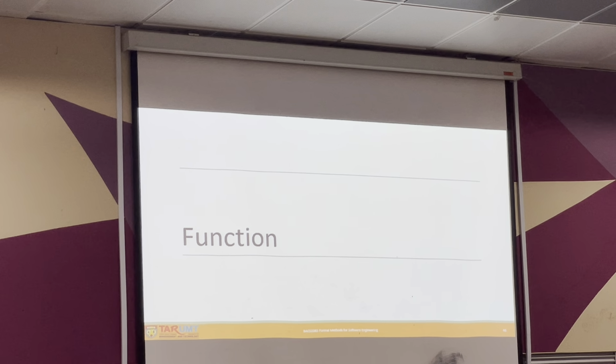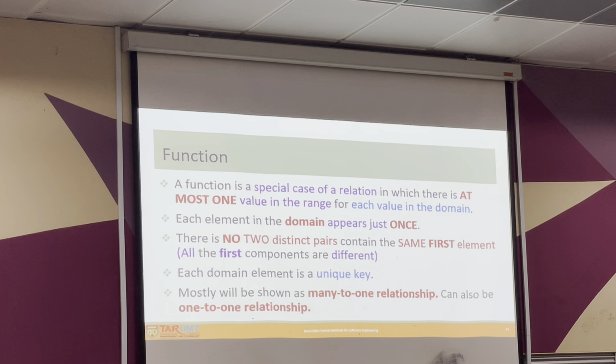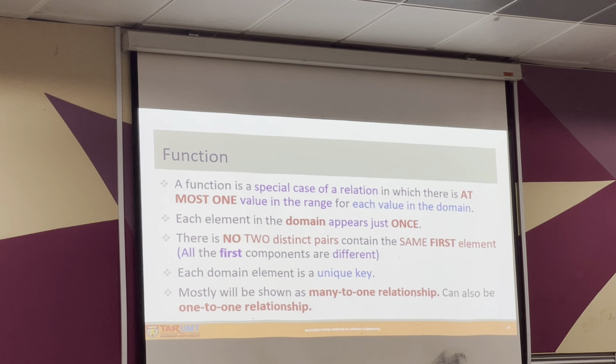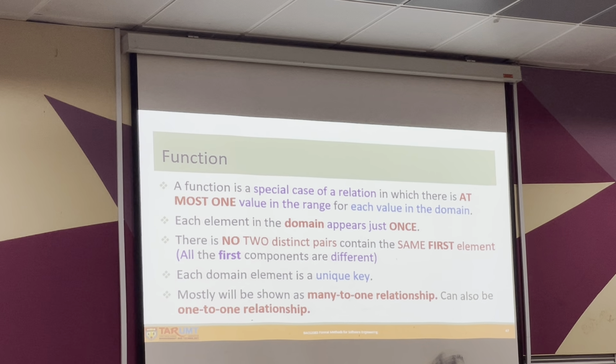Function is actually a special case of relation. It's a part of relation, something like a subset of relation. But the only difference is that the domain of the function will map to one range only.